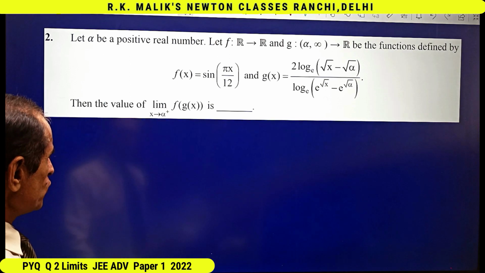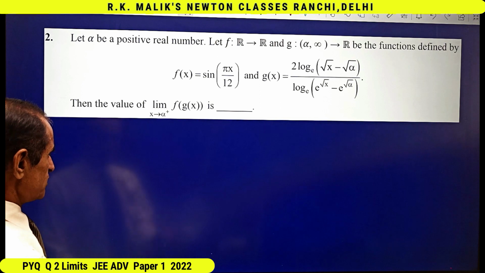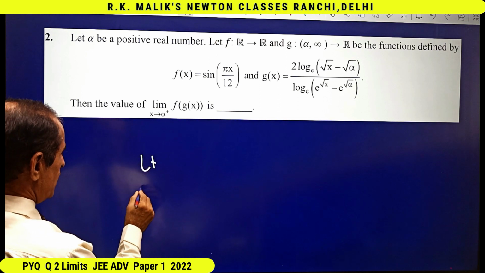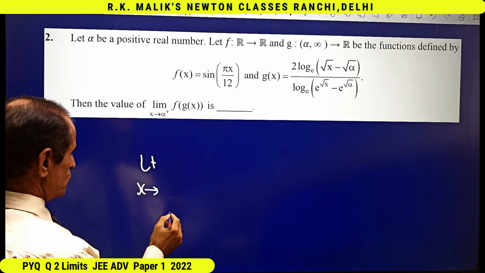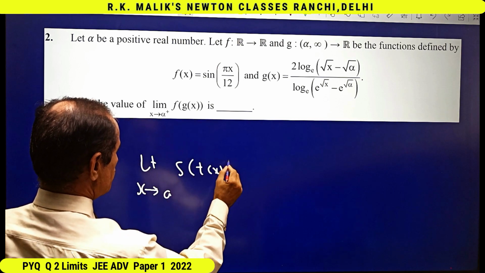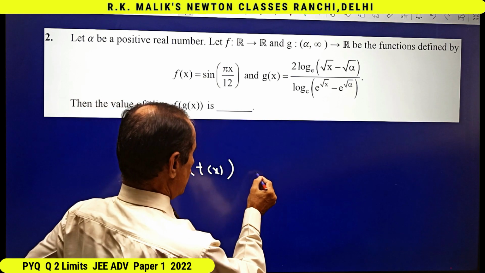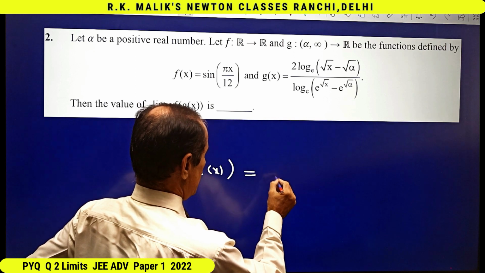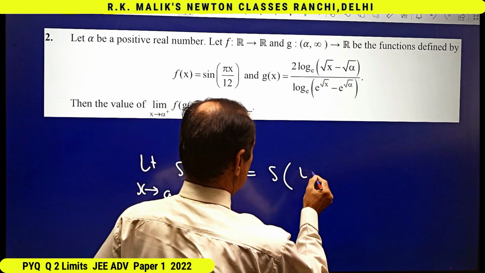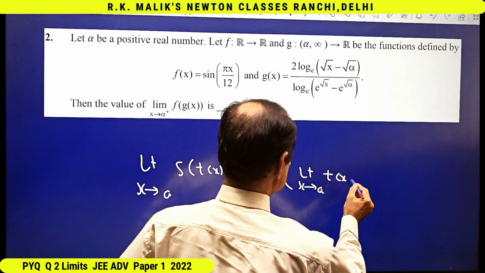First of all, note an important formula which I am going to use in this question, and that is: limit x tends to a, suppose s(x) and t(x) are two functions of x, then we are allowed to write limit of s(t(x)) as s of limit x tends to a of t(x).